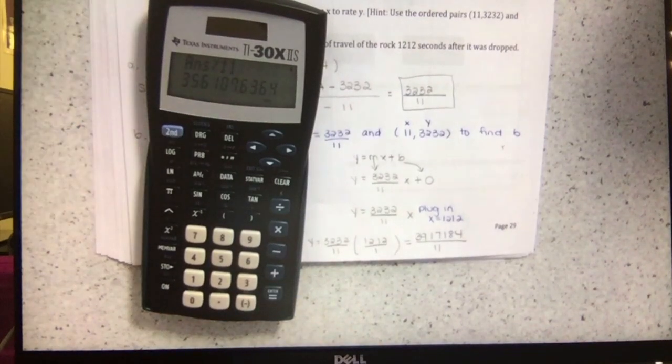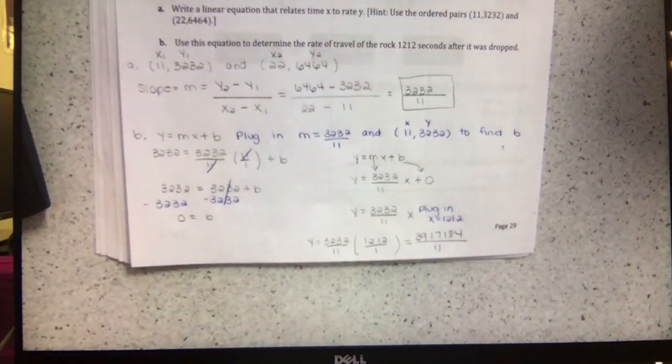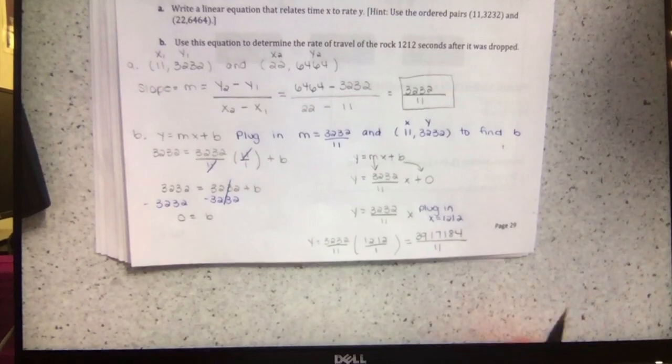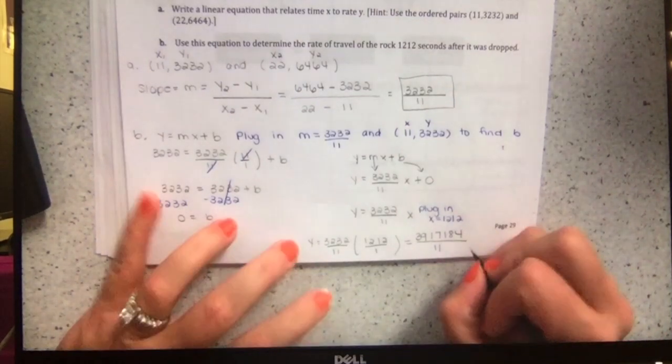If I plug it in, it doesn't give me a pretty answer. It gives me a crazy decimal. So I don't want to do that. I just want to leave it. And this is the rate of travel. So what's our units? How fast? Feet per second.